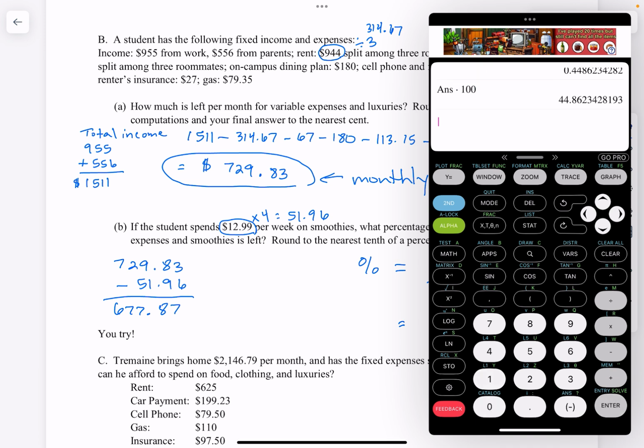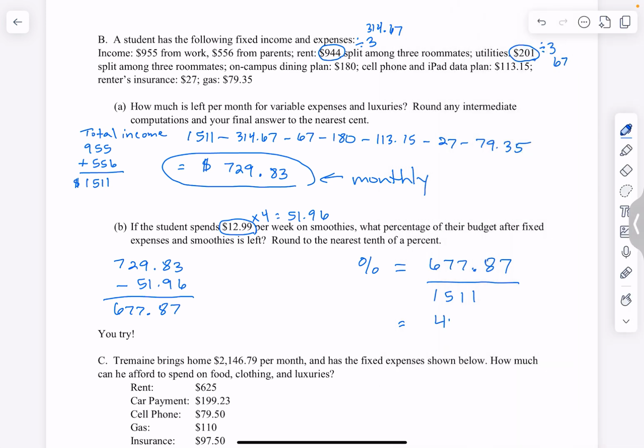So this is now a percentage that we can round. So I'm going to say 44.9. I'm going to say the 6 rounds the 8 up. So I'm going to say 44.9% is what's left of their monthly income.